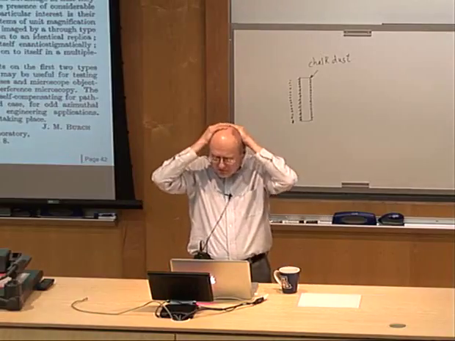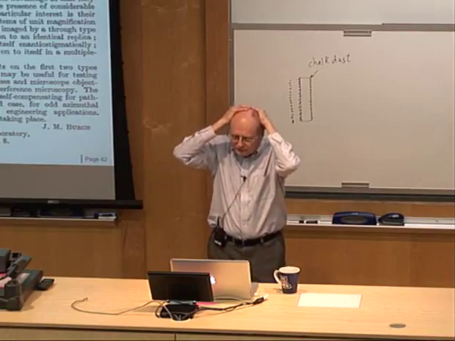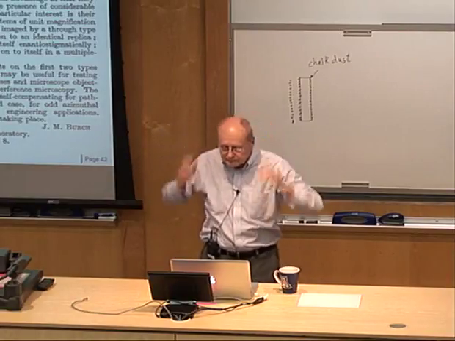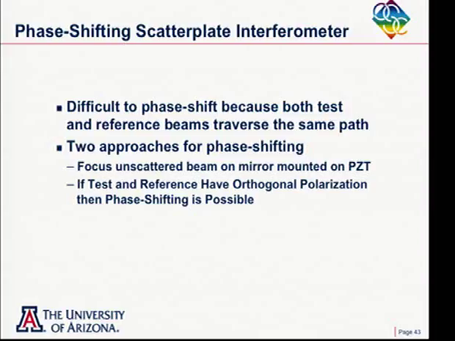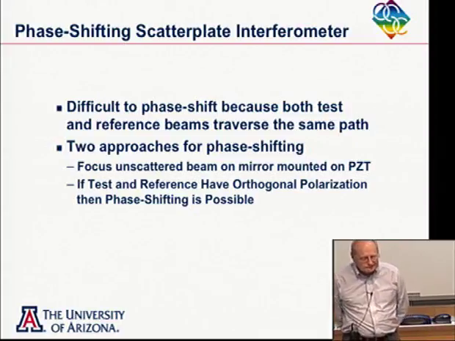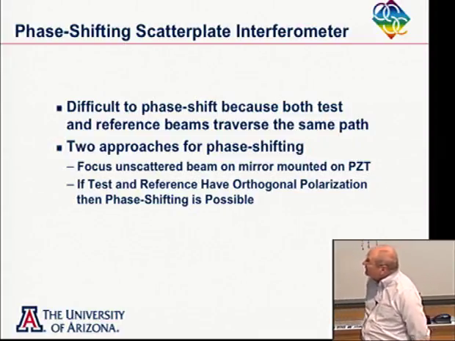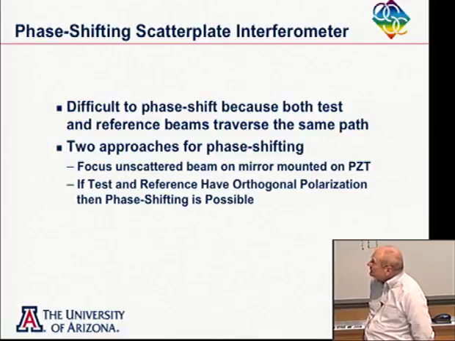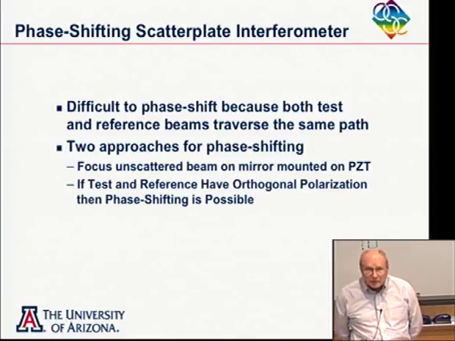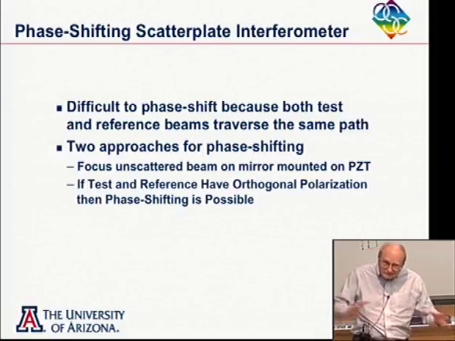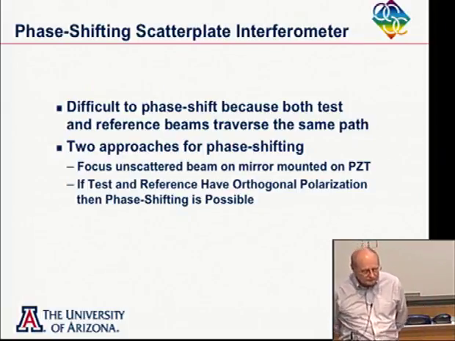Okay, so how can we do a phase shifting scatterplate interferometer? First off, it's kind of difficult to do because both the test and the reference beams are going along the same path. So it's kind of hard to do the phase shifting.